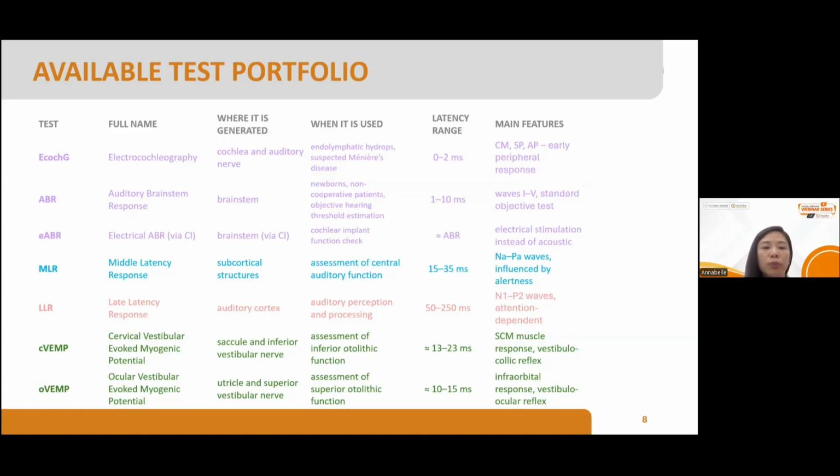EABR is for the brainstem when we are doing intra-operative measurement. And then the MLR and the LLR and the cVEMP and the oVEMP. All of these tests are covered by the Celesta.